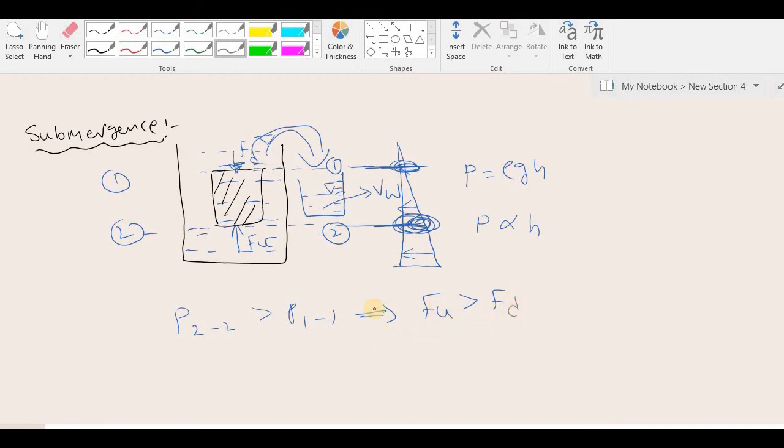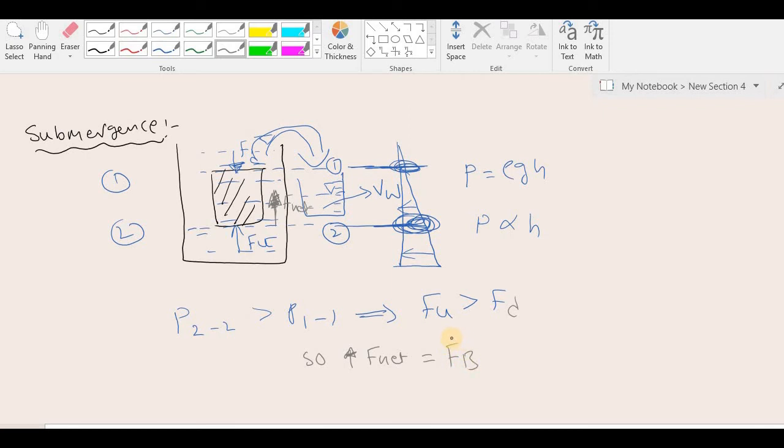So there will be a net upward force, F net.